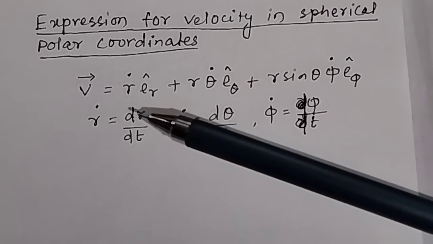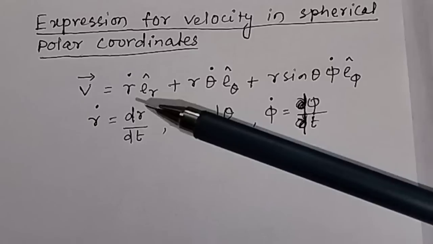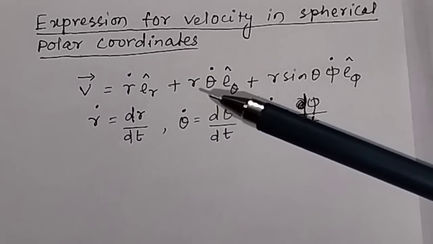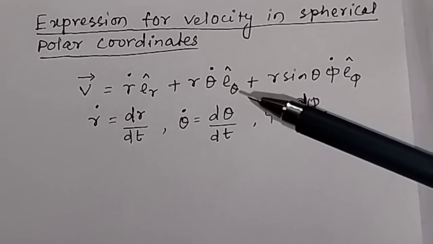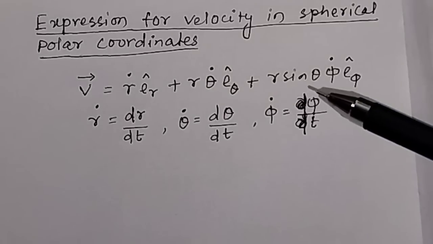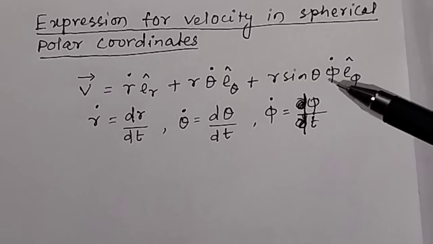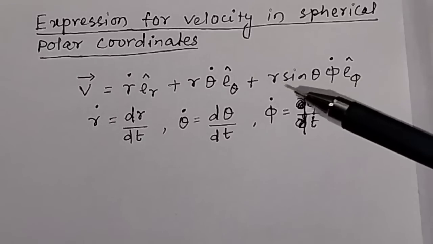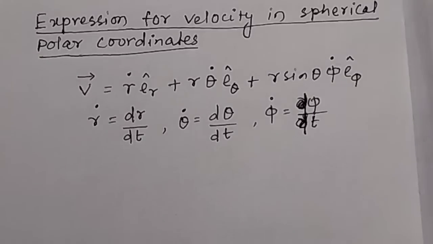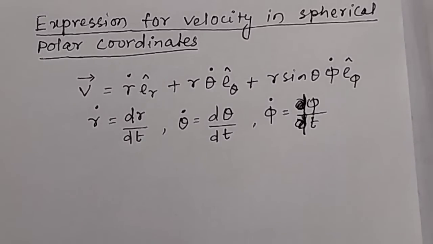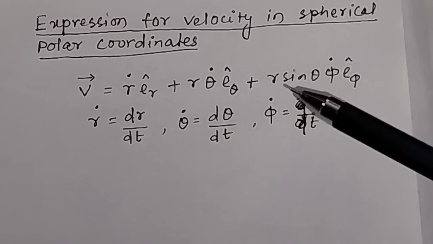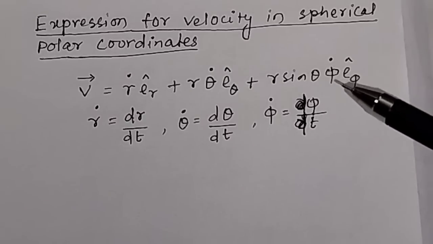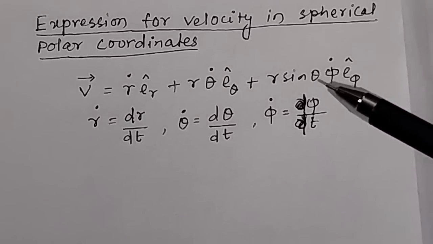So the velocity in spherical polar coordinate will be equal to r dot e r cap plus r theta dot e theta cap plus r sin theta phi dot e phi cap. I have shown you in the previous video that r sin theta is the component of r in the xy plane, and in the xy plane you have the angle phi.